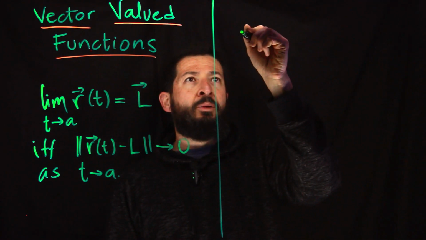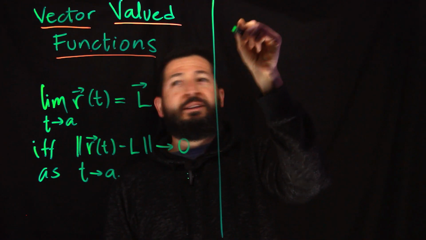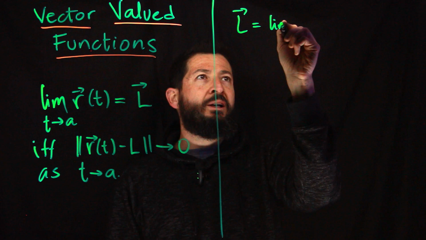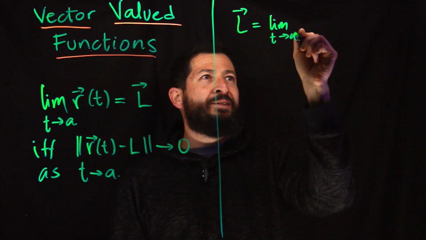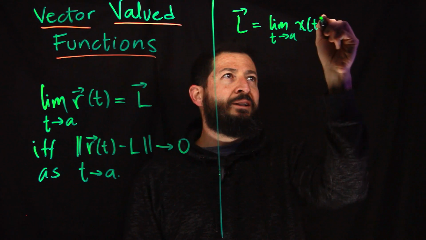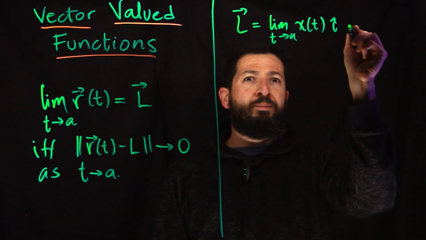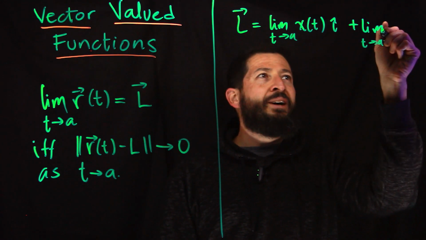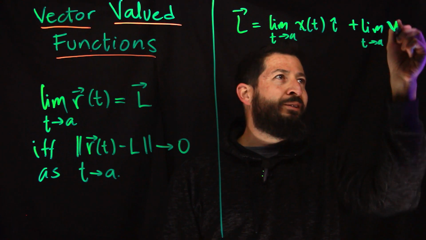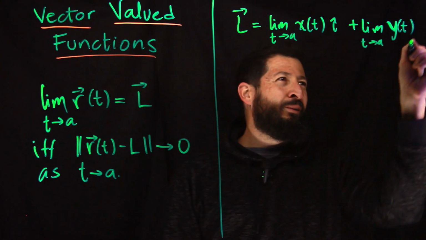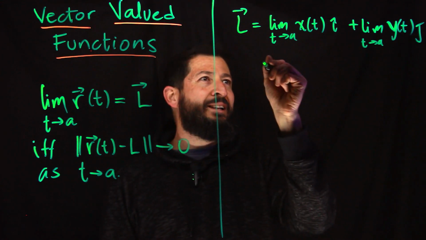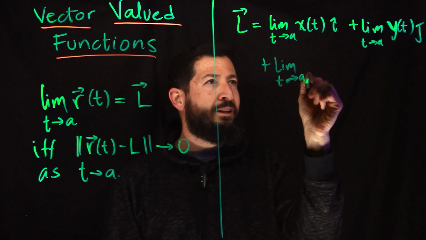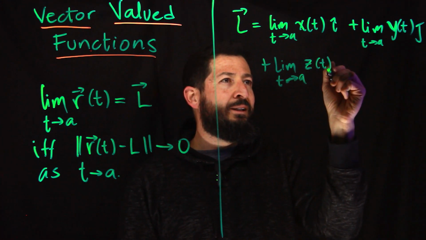In this case, I'm just going to write L will be equal to the limit as t goes to a of x of t times i plus the limit as t goes to a of y of t times j, and then the limit as t goes to a of z of t times k.